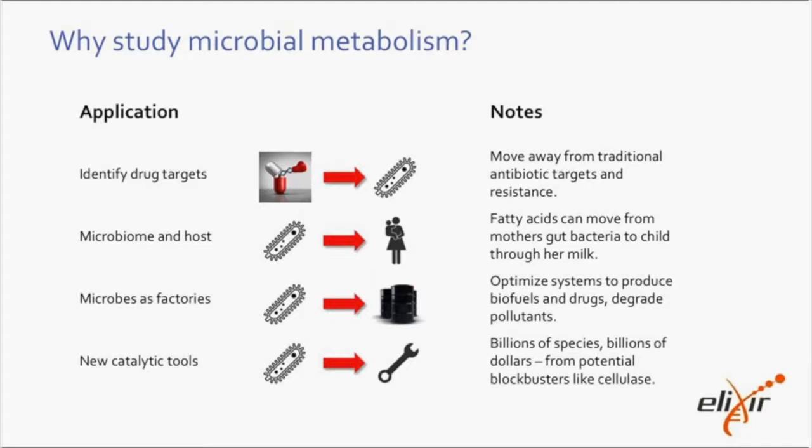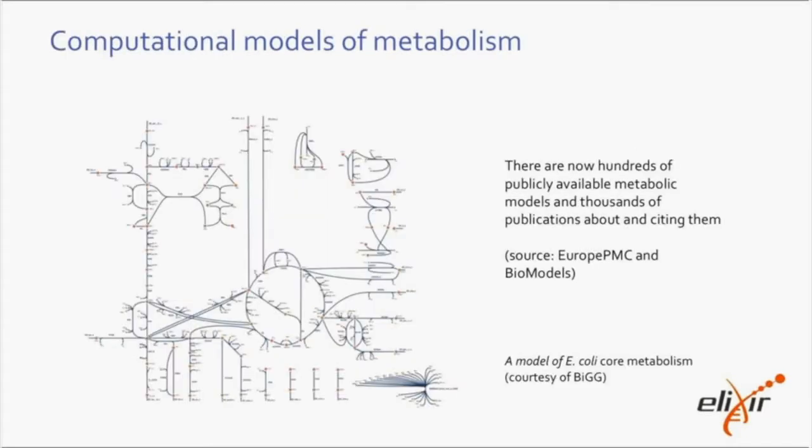Now, the tools that are used to study microbial metabolism are, like microbes themselves, evolving rapidly. We've seen a real explosion in recent years in the use of computational approaches, particularly computational modeling of metabolic systems. Of course, these approaches are generally applicable to all types of biological system, from metagenomic communities all the way through to eukaryotes, and are not restricted to individual microbial systems.